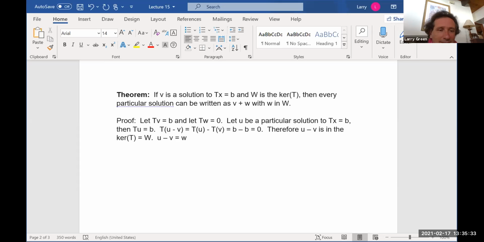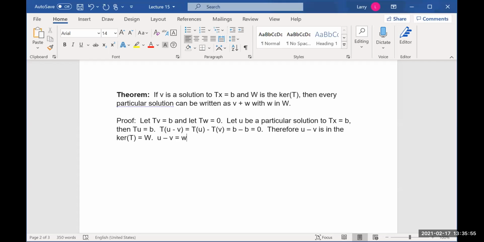Have I lost anyone yet? All right. What's the last step? Read the theorem, see what our goal is. We want to write u as v plus w. Can we do that?